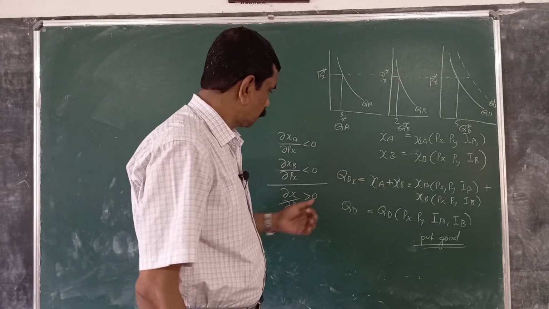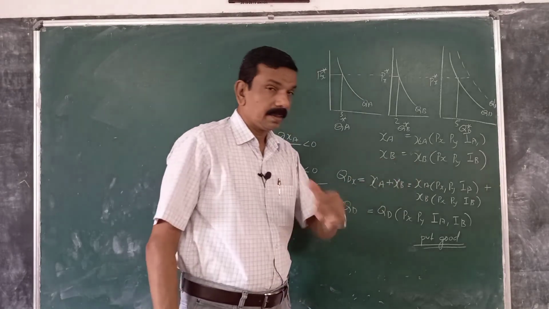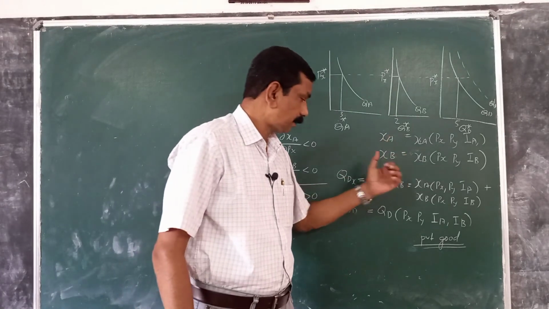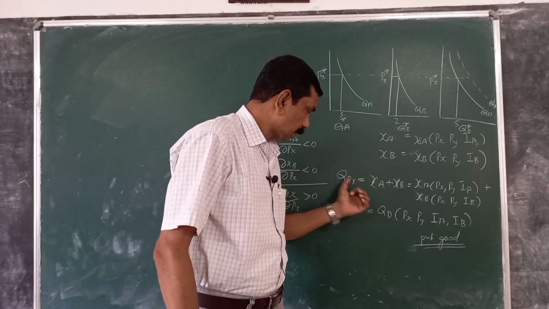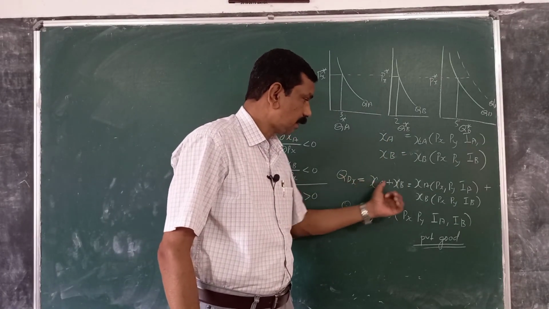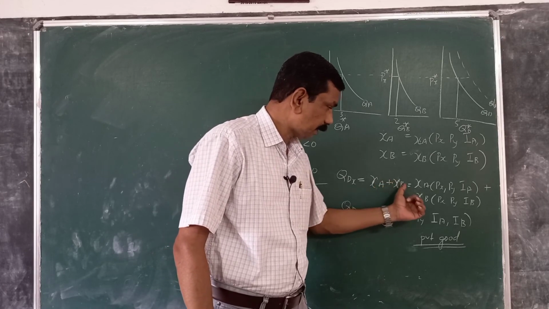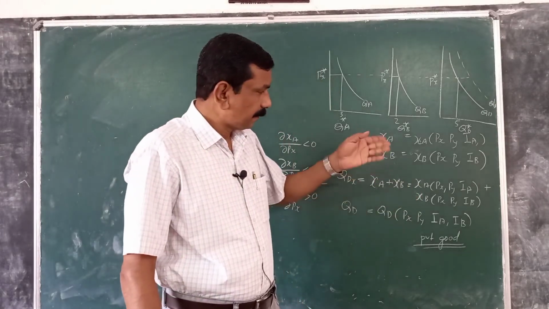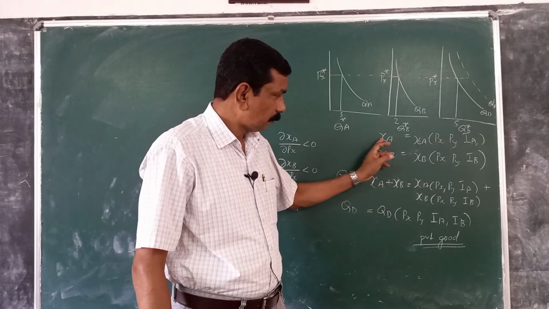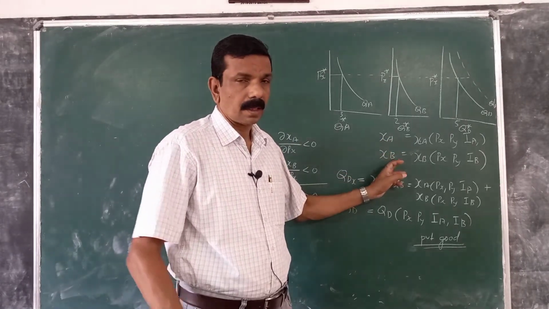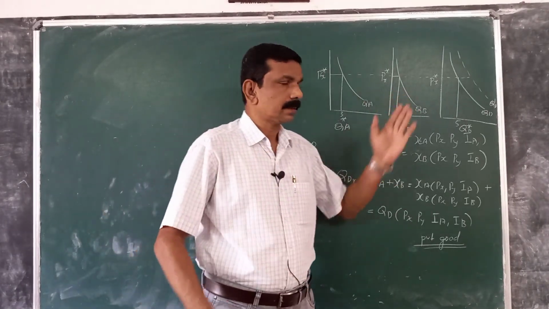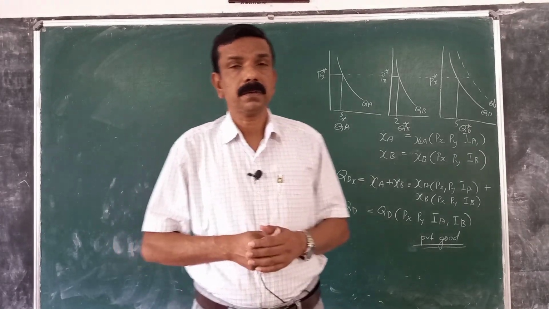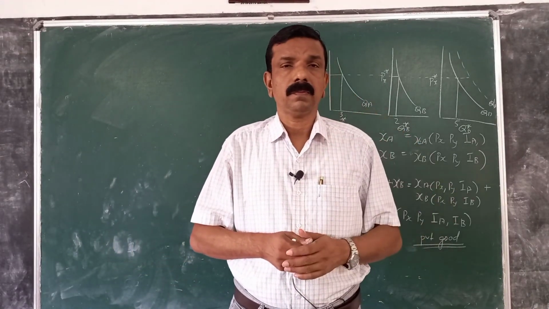This is the quantity demanded of commodity X by A and B. The total quantity of X in the market is equal to XA plus XB. If we are considering Y, it will become YA, YB. Adding together, you will get the aggregate demand curve for commodity Y also.